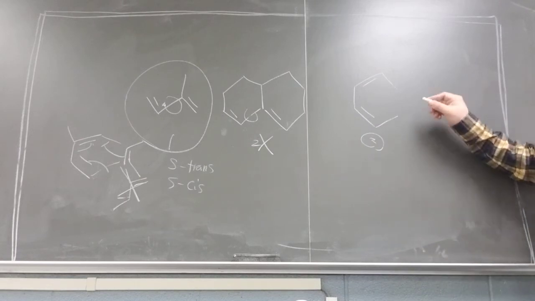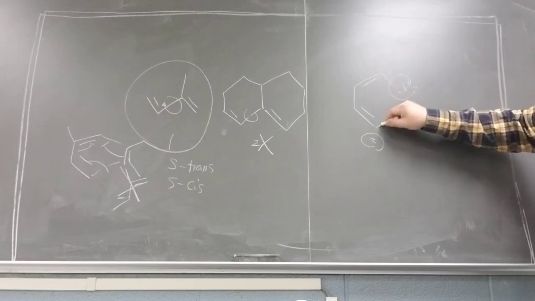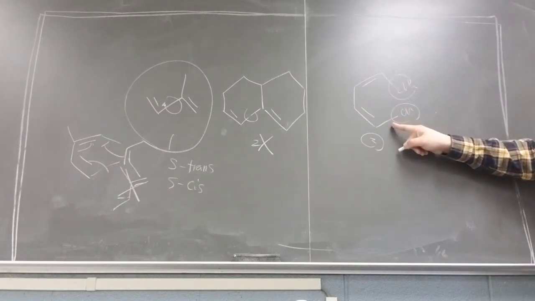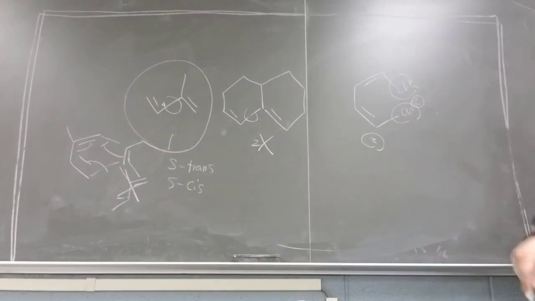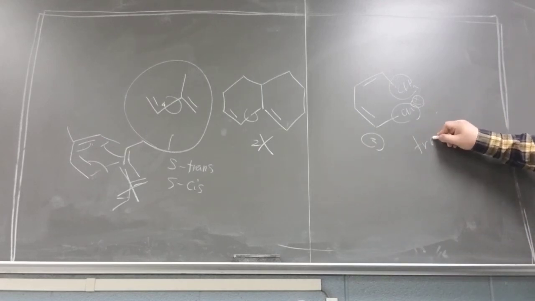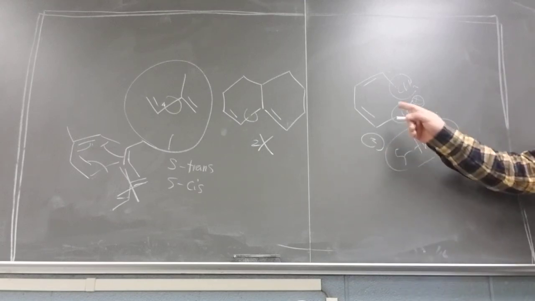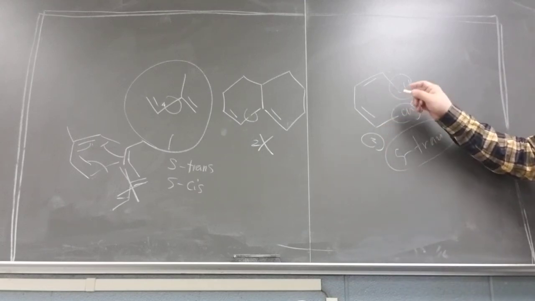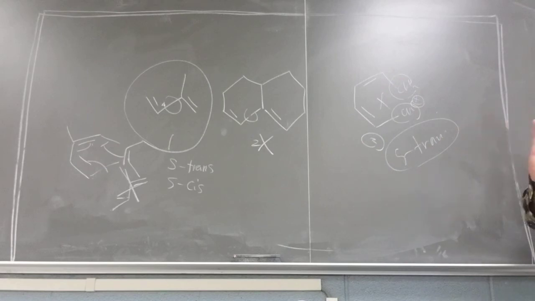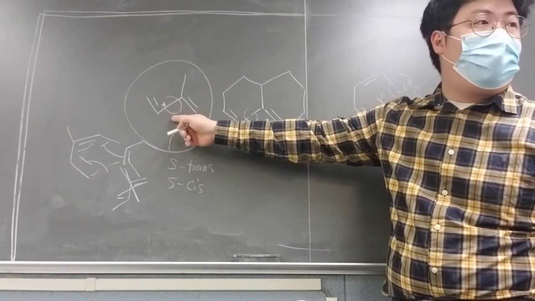But the problem is there are two methyl groups on this diene structure, so there will be too much steric hindrance. They automatically turn into the s-trans form, so they cannot sustain this form for a long time. So this is not good for the reaction either. But this one is the best one because there's no steric hindrance problem here.